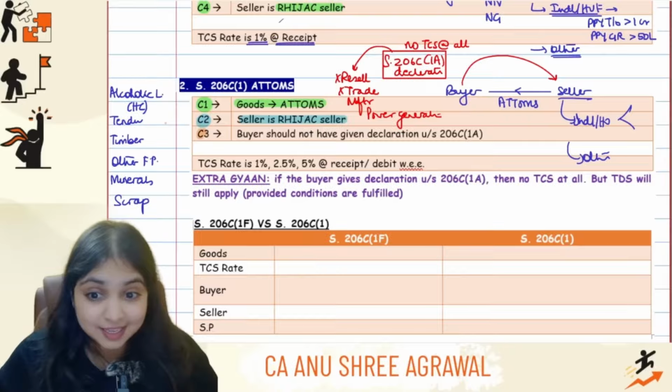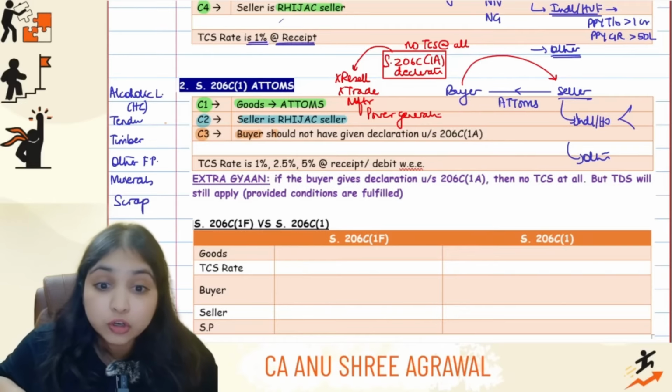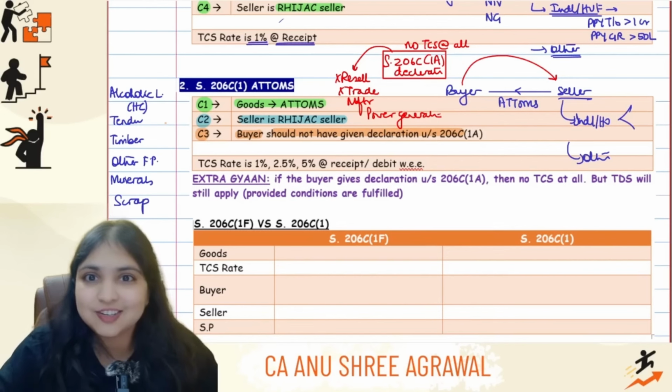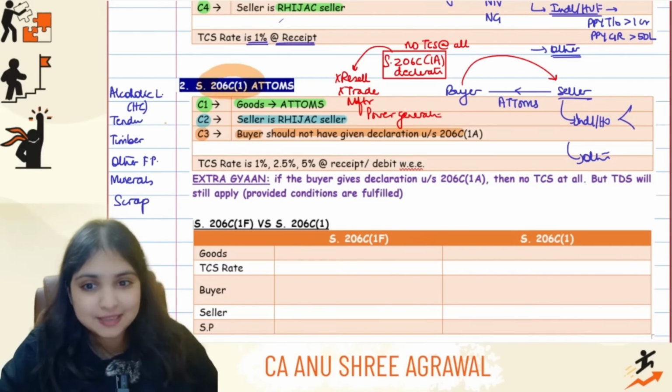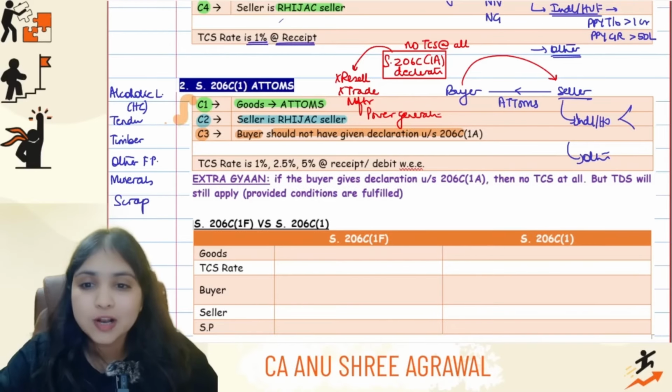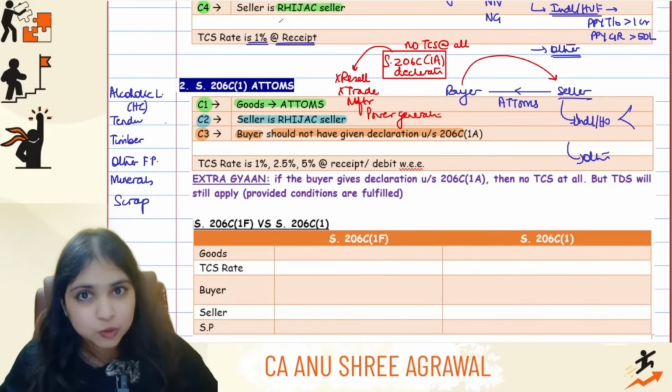Condition number 3 is that the buyer should not have given this declaration guys, because if the buyer gives this declaration, then no TCS at all. So therefore, if you want to apply this section, the buyer should not have given the declaration. Okay, so if all these 3 conditions are fulfilled, welcome to 206C1.